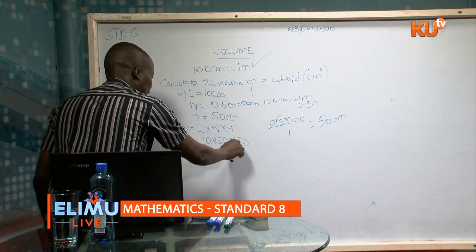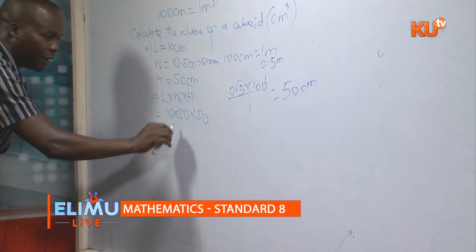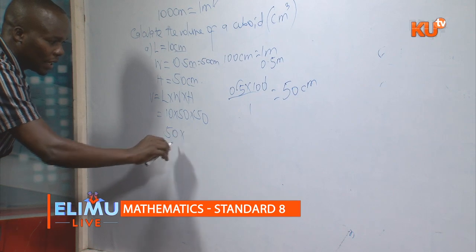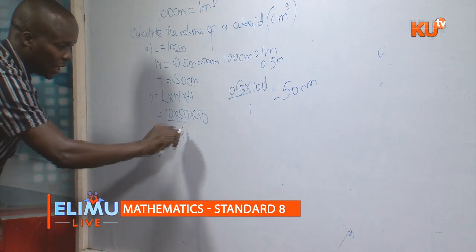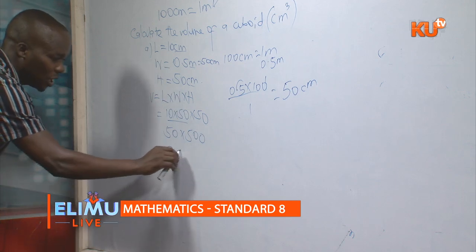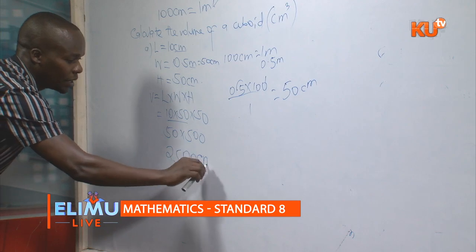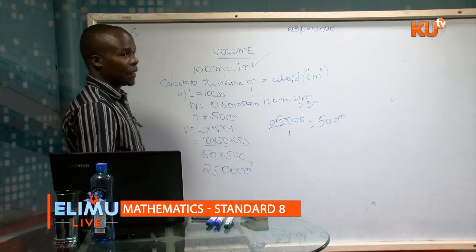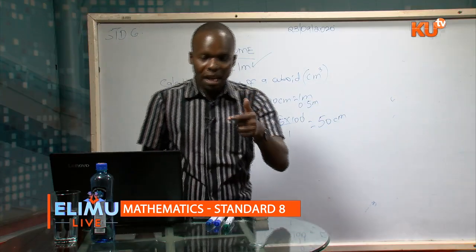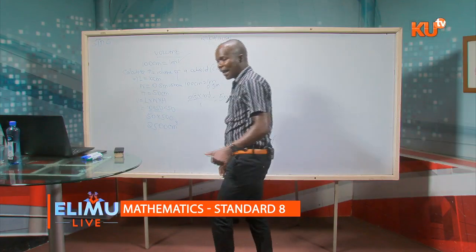So this is now 50 times, again this one is 500. So we will have 25,000 cubic centimeters. I've only given you a challenge whereby you are given units of different kinds.